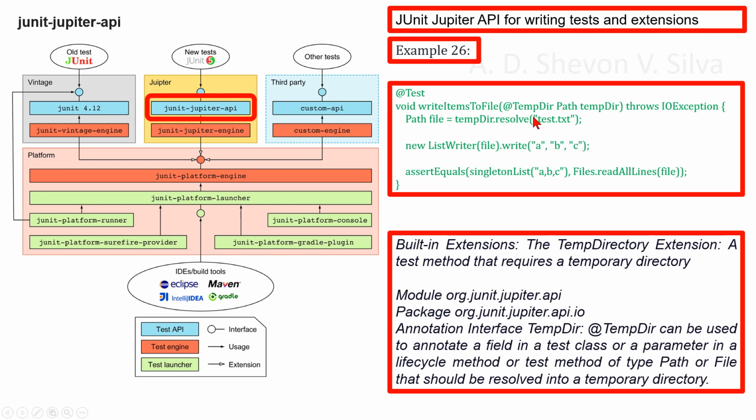To use it, annotate a non-final, unassigned field of type java.nio.file.Path or java.io.File with @TempDir, or add a parameter of type java.nio.file.Path or java.io.File annotated with @TempDir to a lifecycle method or test method.